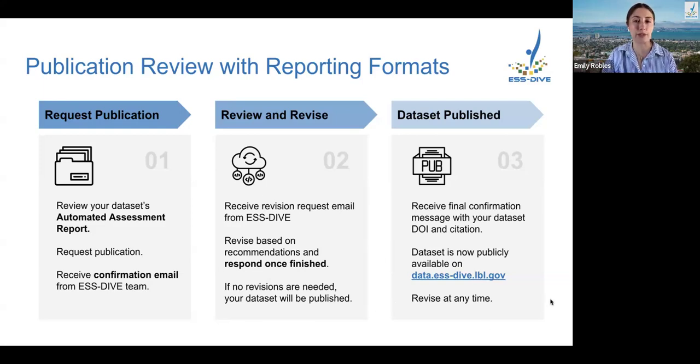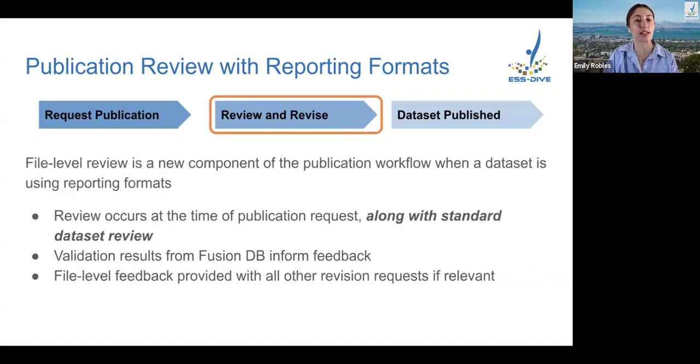And if you're using reporting formats, the only thing that's a little bit different is this review and revise section. Because at this point, not only will you receive feedback on your package level metadata and whether your data set has met ESS-DIVE's publication requirements, but you'll also receive the results of file level review, which is a new component of the publication workflow when a data set is using reporting formats.